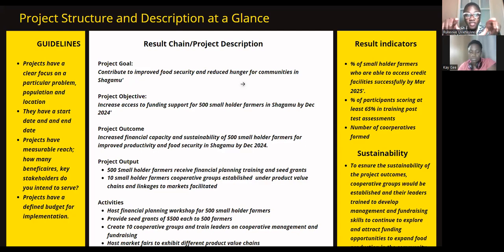So for this, it's only one objective. That's why it's straightforward. The only difference is the two different outputs. You just need to know which activities go into the output about receiving financial planning training, and the one about cooperatives and linkages to market. So I think this works really well.